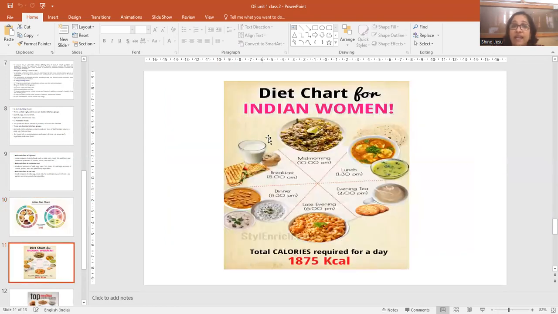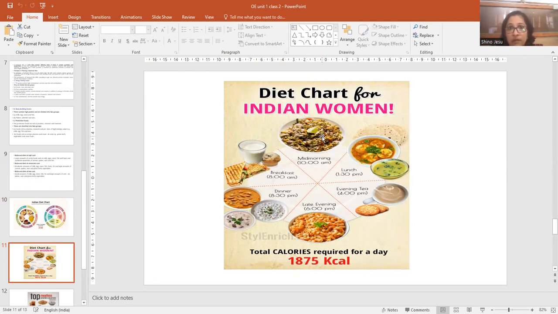Okay. And in that chart for an Indian woman, the total calories required for a day is 1,875 kilocalories, and they can have 6 meals like that. In the breakfast, they can have some sandwiches, some milk, and some cereals. Around 10 a.m. they can have some mixed sprouts and vegetables.